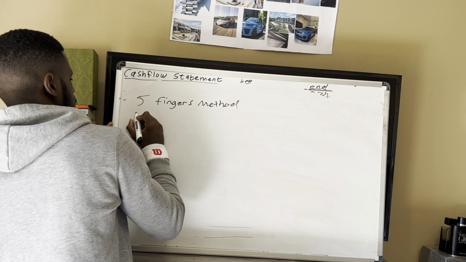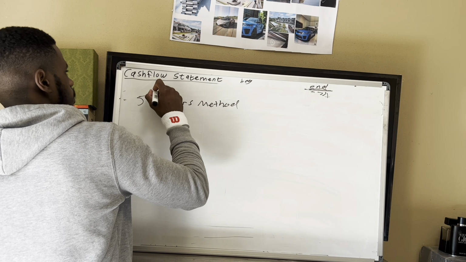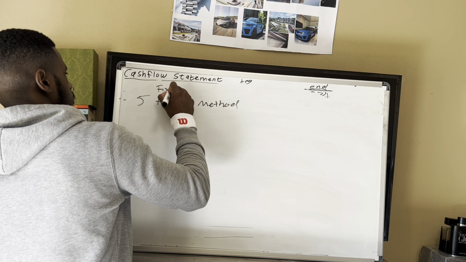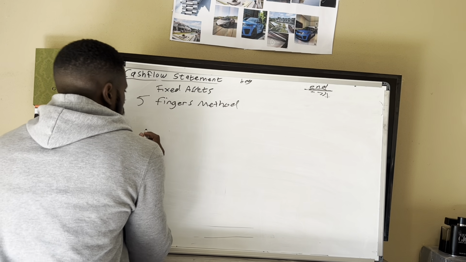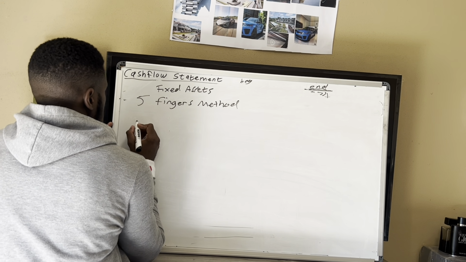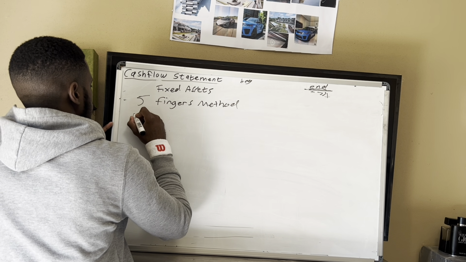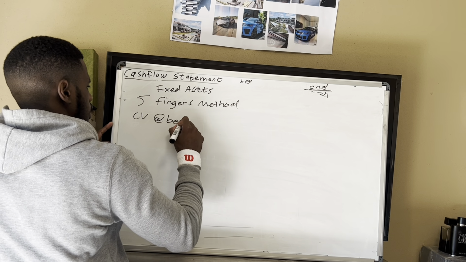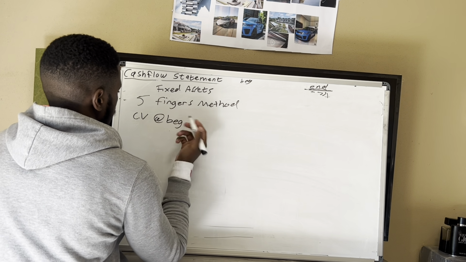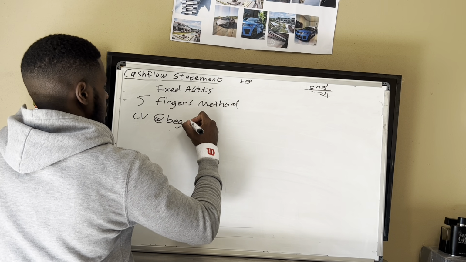Remember you're talking about fixed assets here. Our 5 fingers method is going to be carrying value at the beginning or last year. It's the same. Beginning and last year is the same.